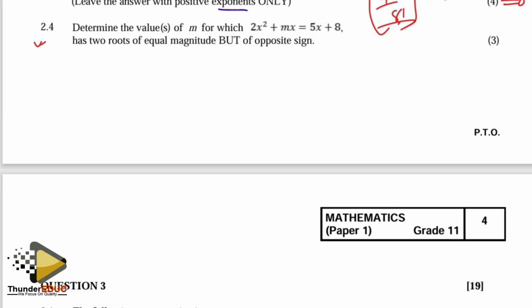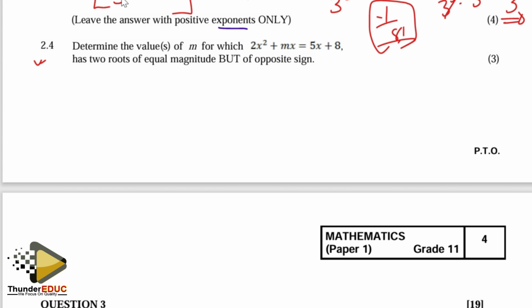2.4. They want us to determine the value or values of m for which this has 2 roots of equal magnitude but of opposite signs.